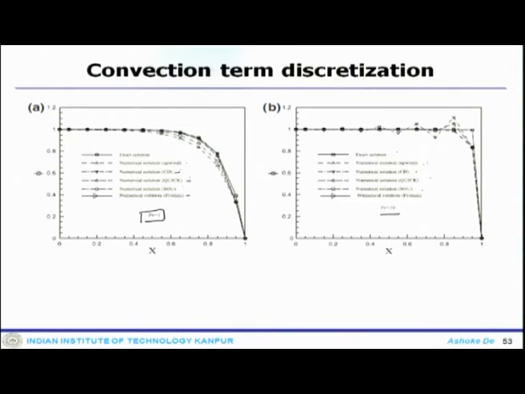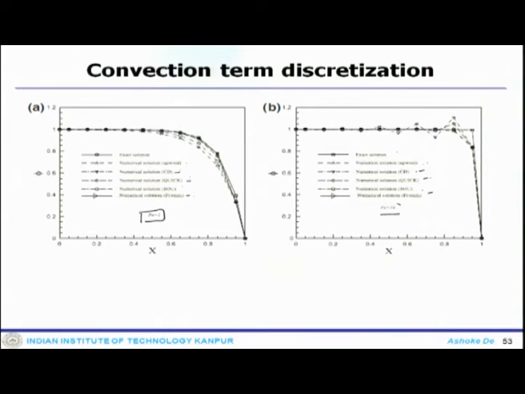show some wriggles at the high Peclet number case, but in the low Peclet number case they do not show anything. Amongst these, the least accurate is the solution by the first order upwind scheme. The solution of this one is slightly more accurate than second order upwind, and obviously more accurate than the first order upwind also.